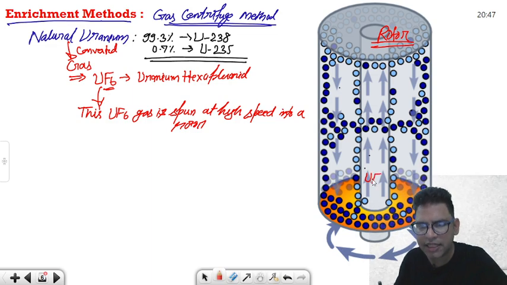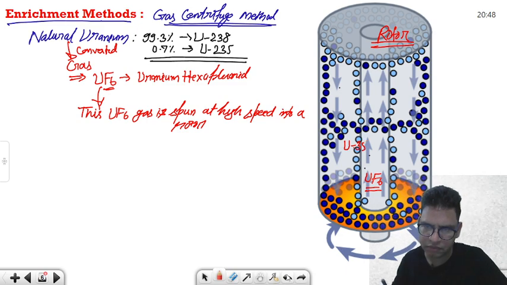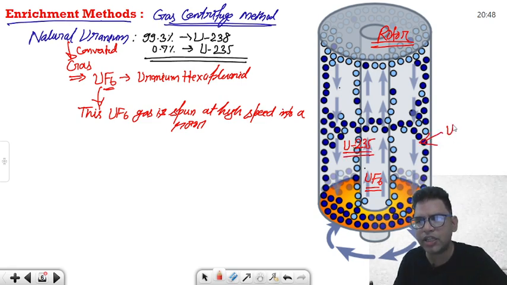UF6 is fed into this rotor, and uranium 235 are comparatively lighter particles, and at the outer edge you will get uranium 238. I hope you have understood.